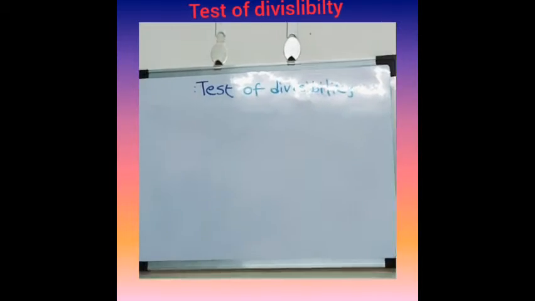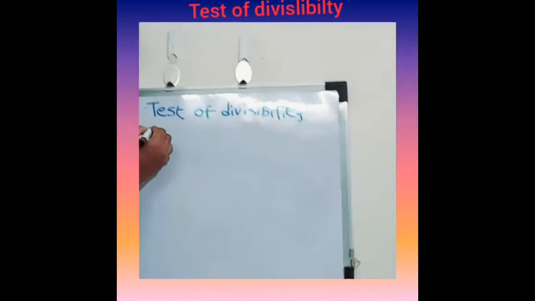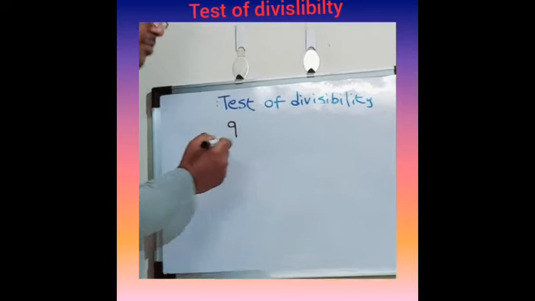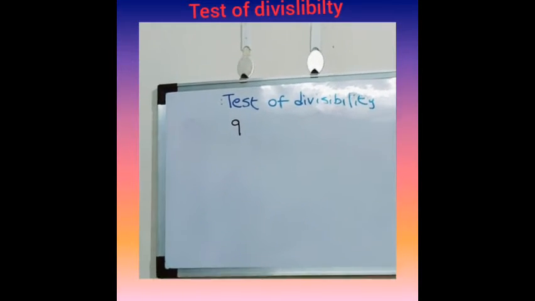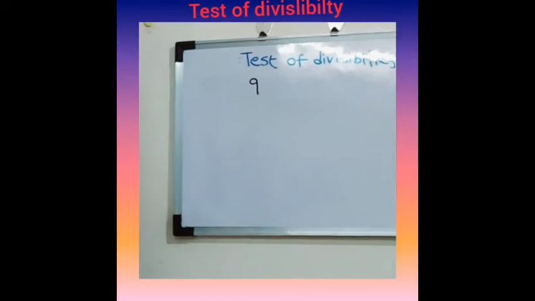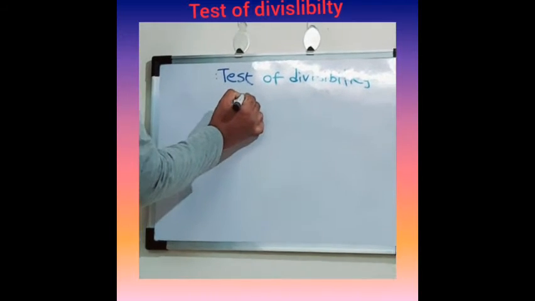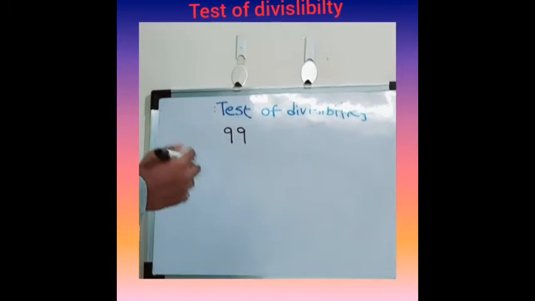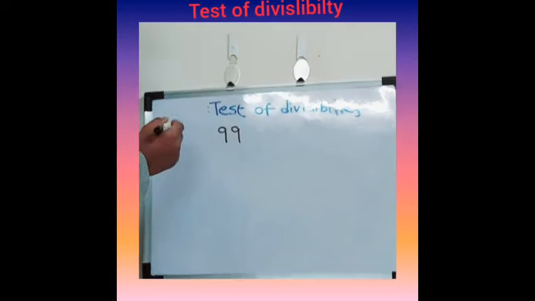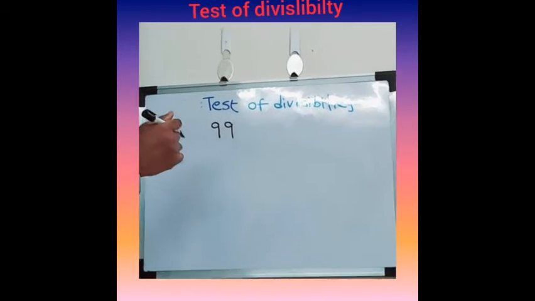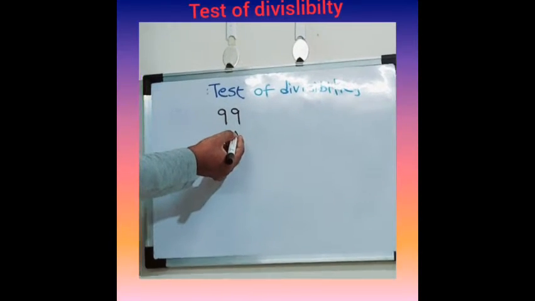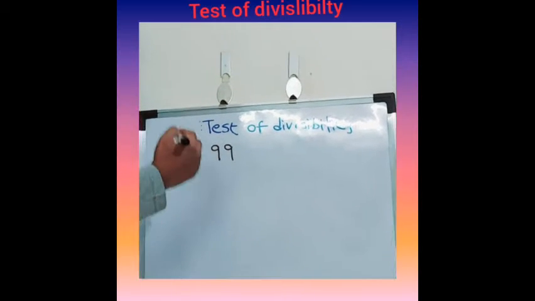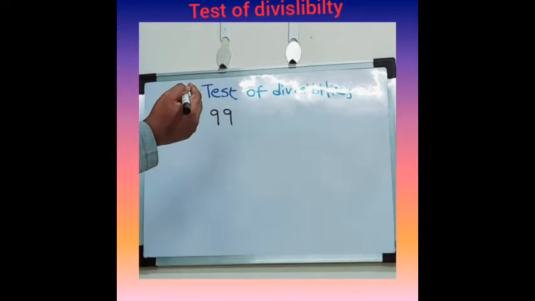The first problem is, what is the highest 2-digit number that is divisible by 5? We know the highest 2-digit number is 99. But as per the divisibility law of 5, when a number contains 5 or 0 at the unit position, then the number is divisible by 5.